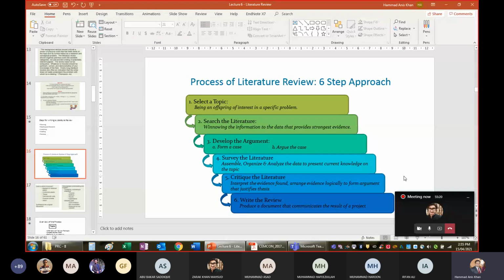So you have to create, I'm talking about the same thing, you have to create a gap. You have to form an argument that justifies your thesis, that the problem statement which I am trying to solve has not been done, or it has been ignored by people, and you can do that by critiquing. And then you write your review, producing a document that communicates the results of a project.